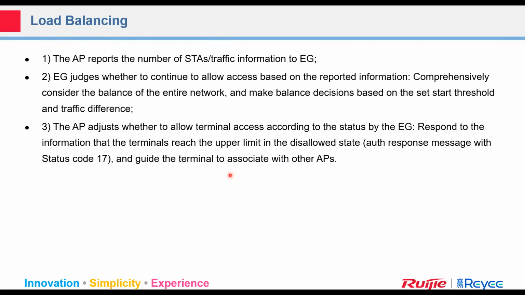So the EG can judge whether to allow access based on the information given to it. It comprehensively considers the load balance of the entire network, and it will make a decision based on the threshold that has been set or the traffic difference. The AP can adjust whether to allow terminal access according to the EG. So it will respond to the terminal if it reaches the upper limit or disallow state.